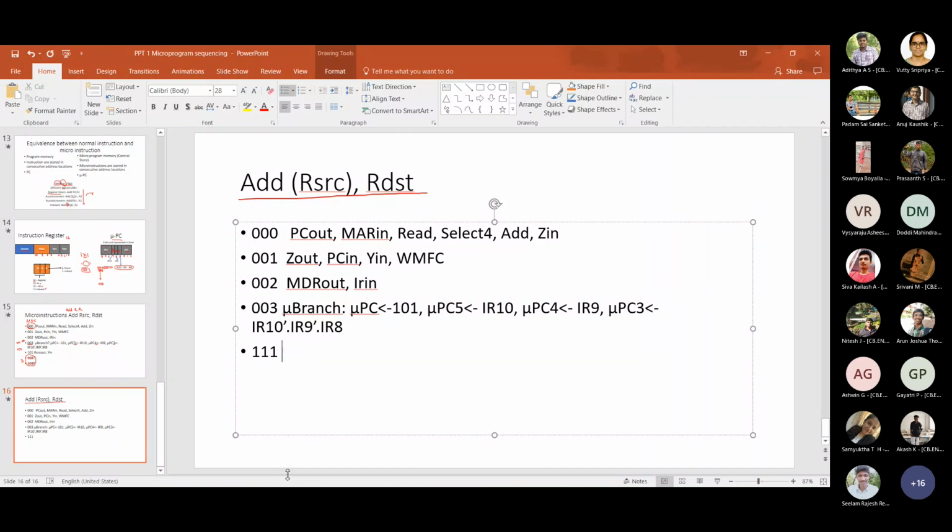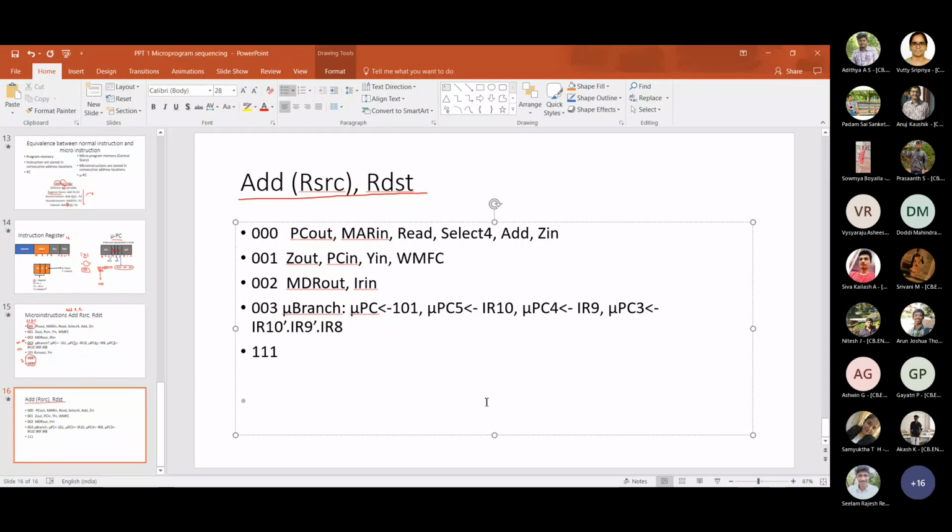And in 111, what instruction should be written? What instruction should be written in address location 111? Remember, it is register indirect. So your source is giving you the address. You have to go to that address and get the value. So what should you do with the source operand?